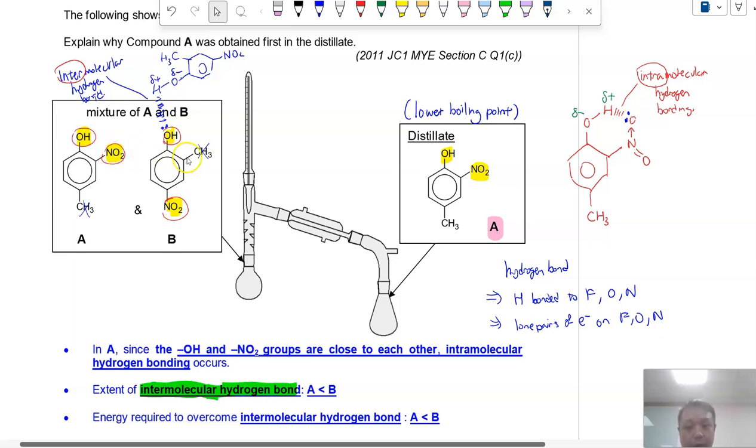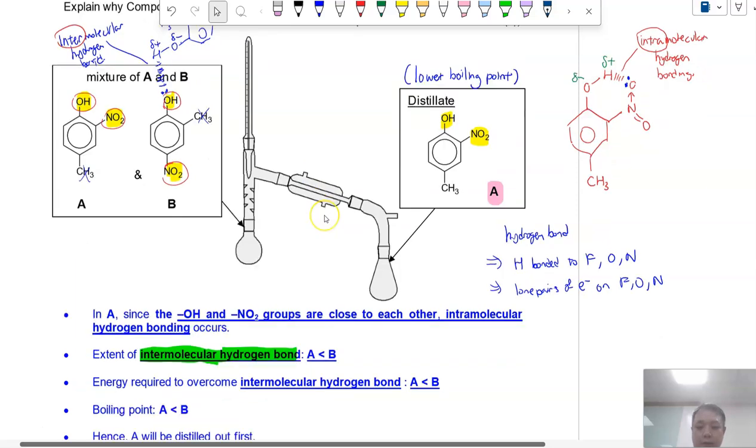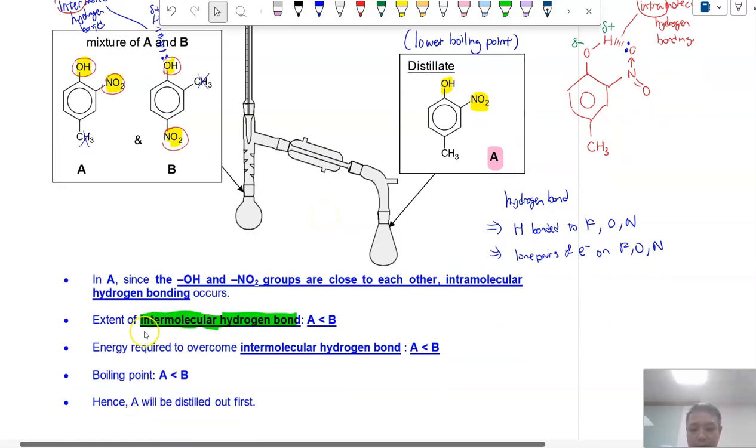That's why I immediately zoomed down to these two groups instead of the CH3 group. Okay, with that, we are done with this question.